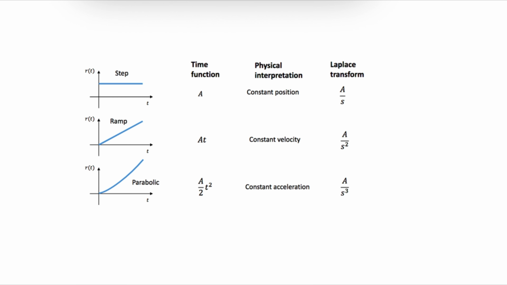Similarly, for a step function, Laplace transform is a by s. For ramp function, Laplace transform is a by s square. For parabolic function a t square by 2, the corresponding Laplace transform is a by s cube. If it is unit, then the a value will become 1.